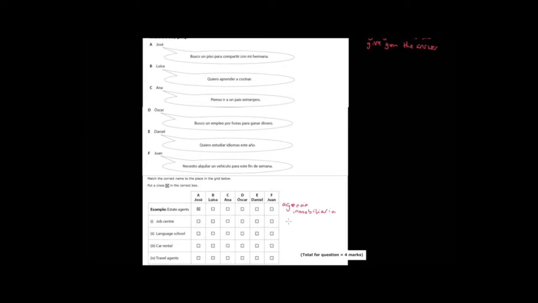Job centre is oficina de empleo o de trabajo. Could be either. Generally de empleo. Car rental is alquiler de coches o de vehículos.